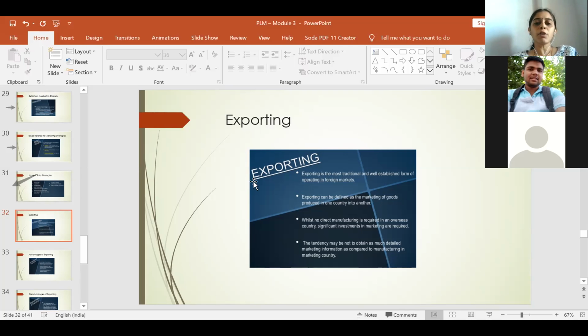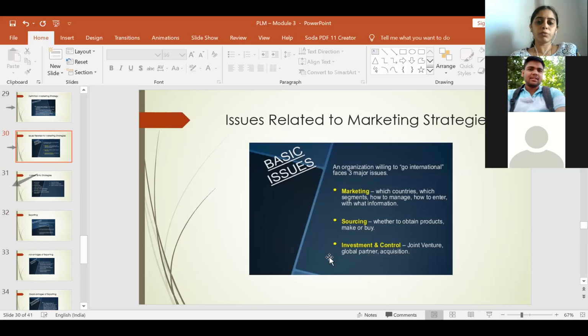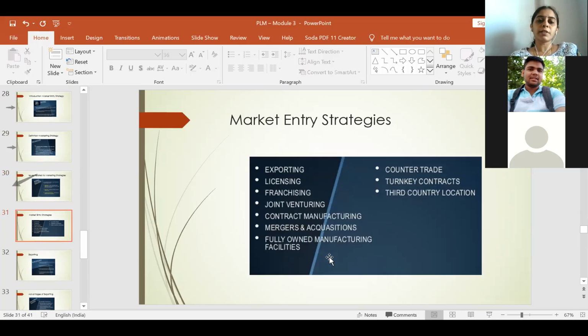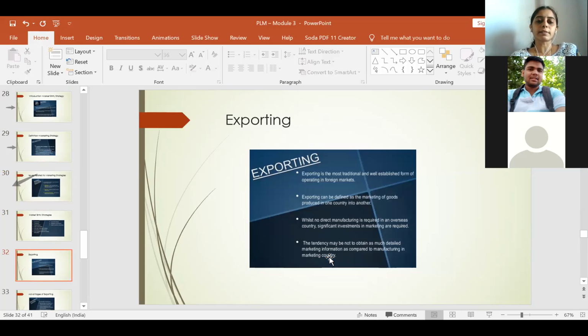So this is about how you define exporting and what is included in the exporting criteria of a product. So now you know what market entry strategy means, the issues related to it, and the strategies followed for different marketing entry levels.